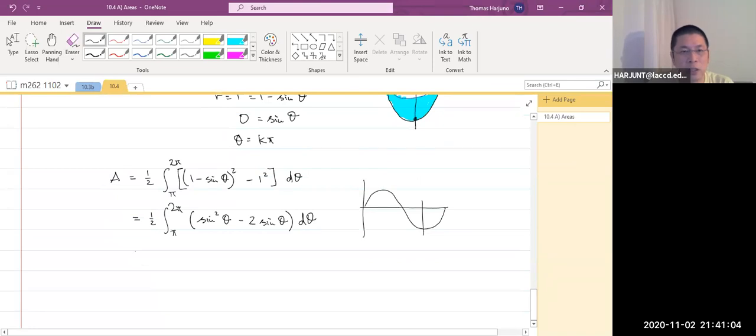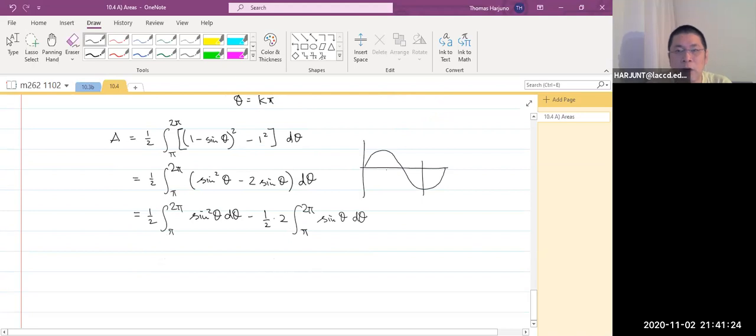So this equals 1/2 integral from pi to 2 pi of sine squared theta d theta minus 1/2 times 2 integral from pi to 2 pi of sine theta d theta. Now the area for each one of these segments here is 1, 1, negative 1, negative 1.